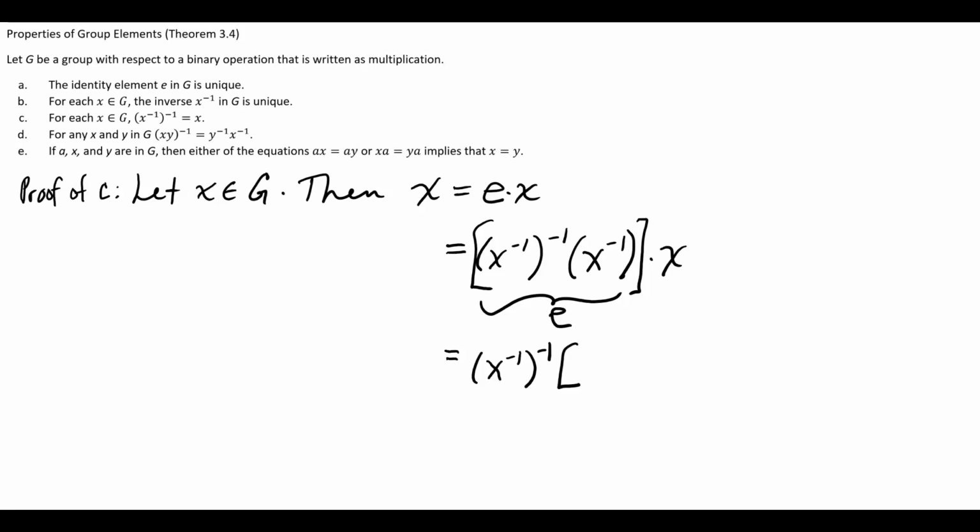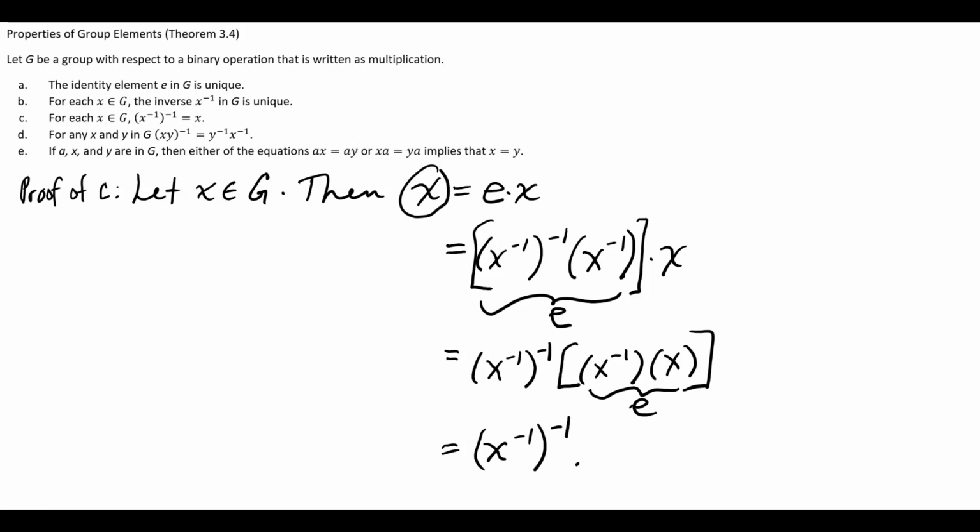Well, that's equal to x inverse times x. These are inverses of each other, so we know that that's equal to e. And we know that when we multiply e times any element, we are going to get back that element.